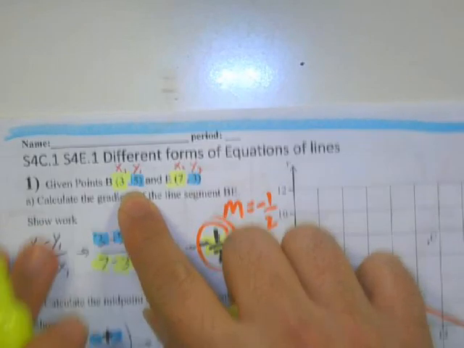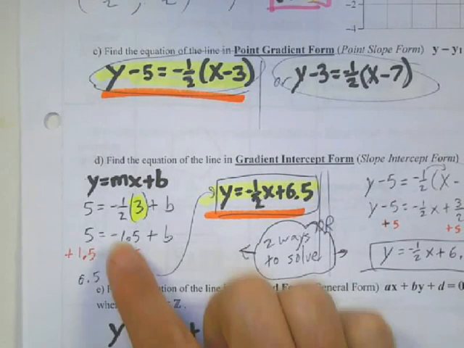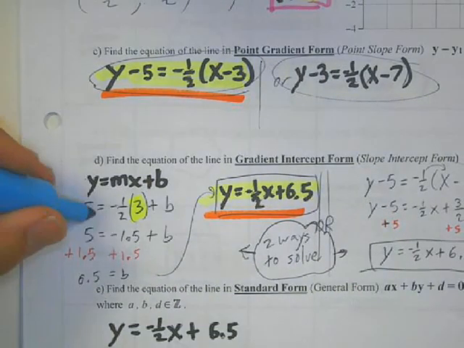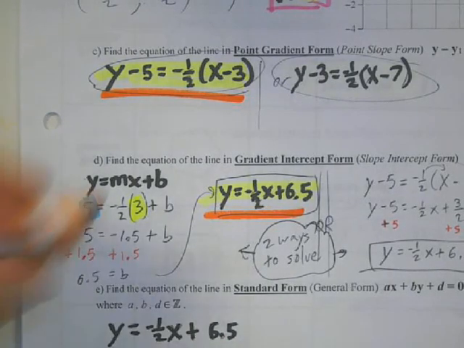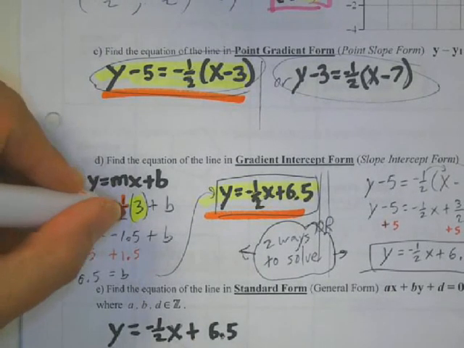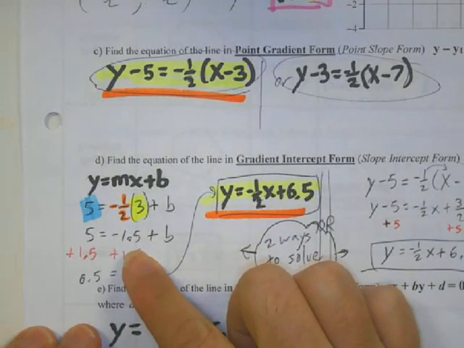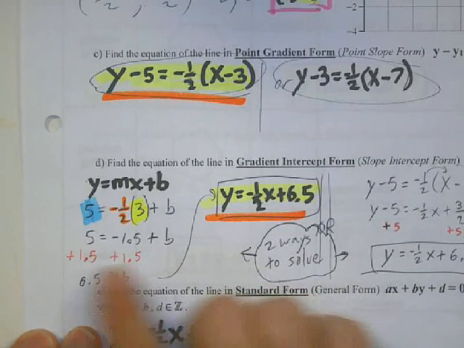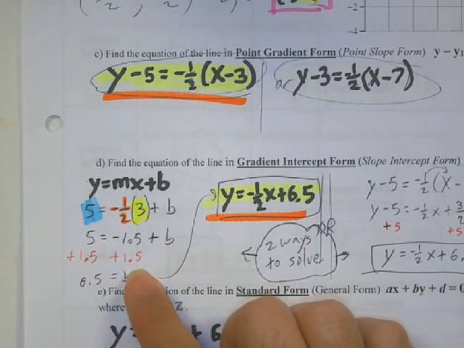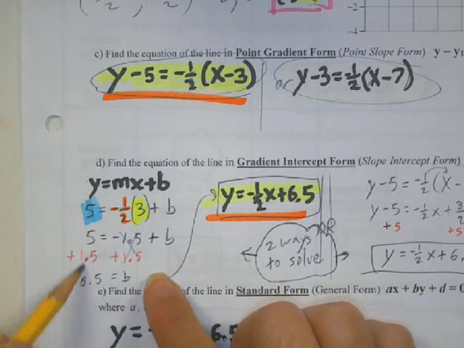One of the points here was 3, 5, so I could plug in the 3 for x and the 5 for y, and we know our slope is negative 1/2. So negative 1/2 times 3 is negative 1.5. And if I add 1.5 on both sides, that makes this cancel out, and I end up with 6.5 equals b.